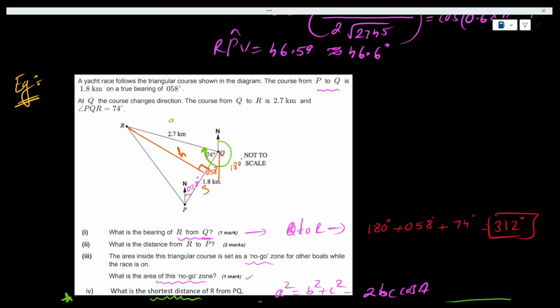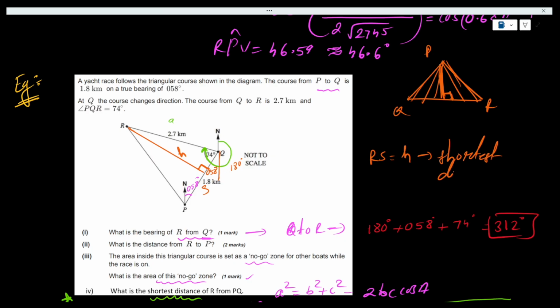If I write here RS, which is H, because shortest distance, if I'm taking a triangle PQR, what is the distance of R from PQ? They can be infinite, but what is going to be the shortest distance? It is always going to be perpendicular. So shortest distance is always perpendicular distance.